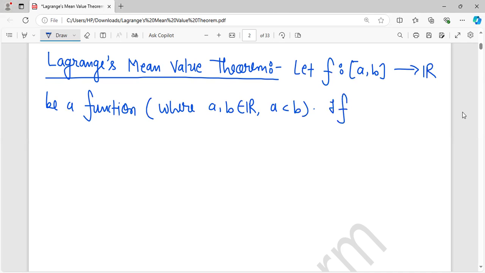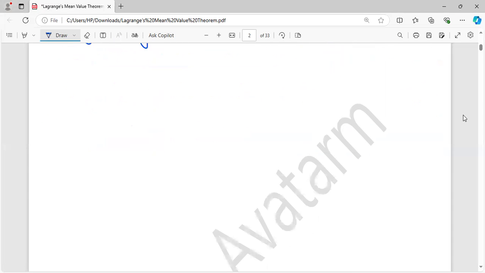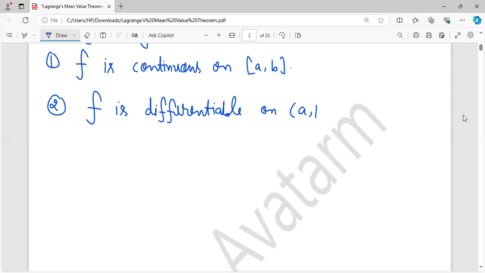If f satisfies the following conditions: what is the first condition? f is continuous on closed interval [a, b]. f is differentiable on open interval (a, b).